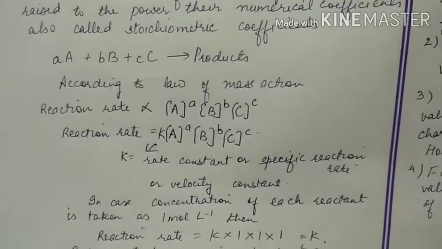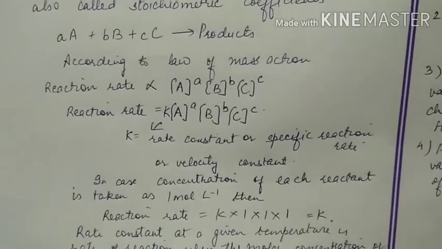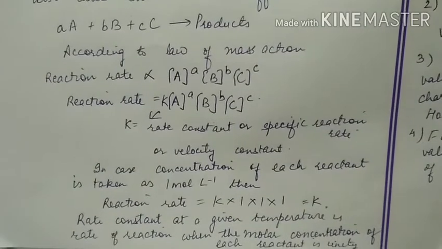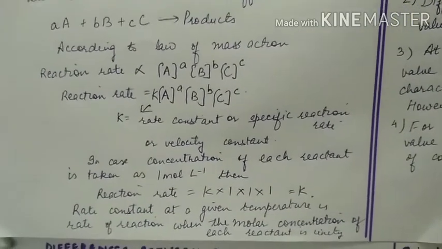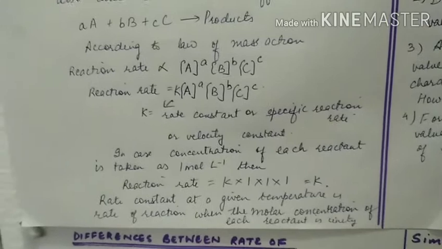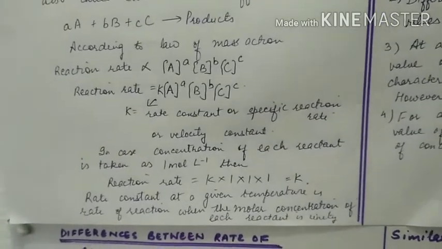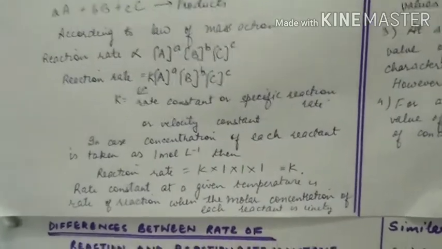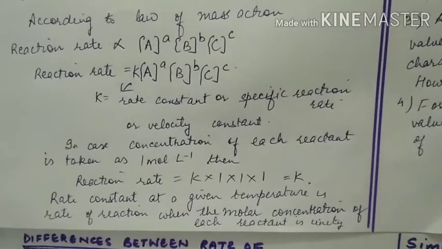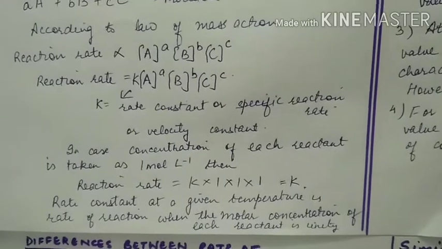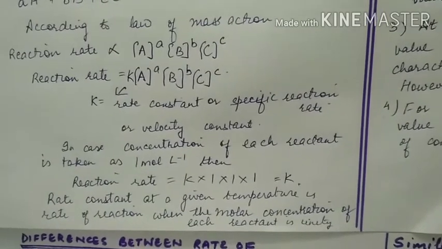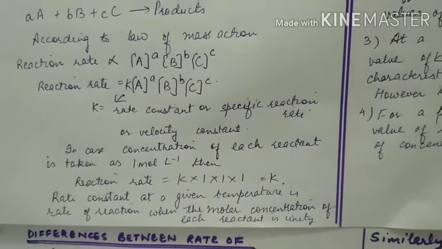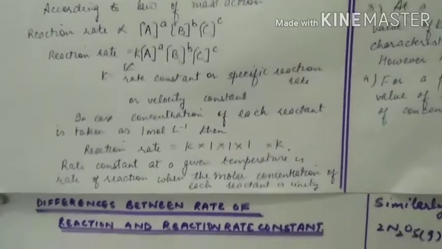Or in case the concentration of each reactant is 1 mole per liter, then the equation becomes reaction rate is equal to K into 1 into 1 into 1, because 1 raised to power any number is 1 only. So rate is equal to K. So we get the definition: rate constant at a given temperature is the rate of reaction when the molar concentration of each reactant is unity.